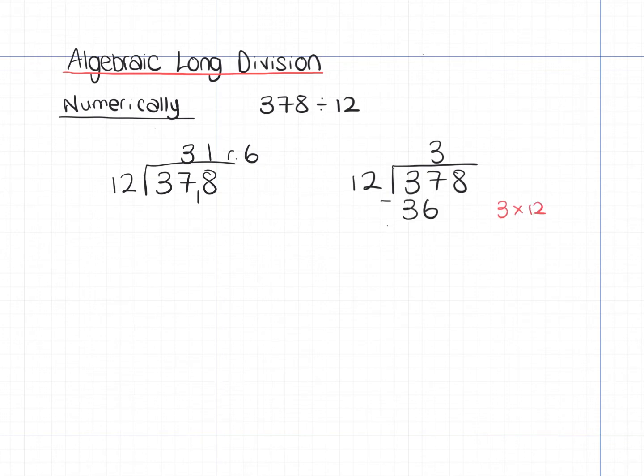And then I'm going to subtract those to get a remainder of 1. I'm going to bring down the 8 to leave me with 18. And then I say, well, 12 goes into 18 once. And I know that 1 times 12 is just 12. If I subtract those, I get a 6 as my remainder.